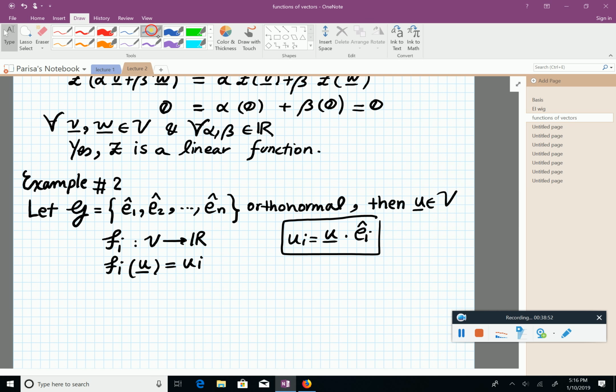So is it linear or not? It is linear, right?